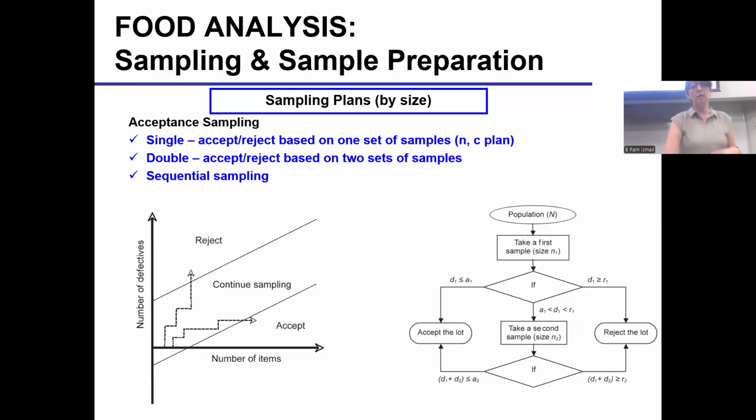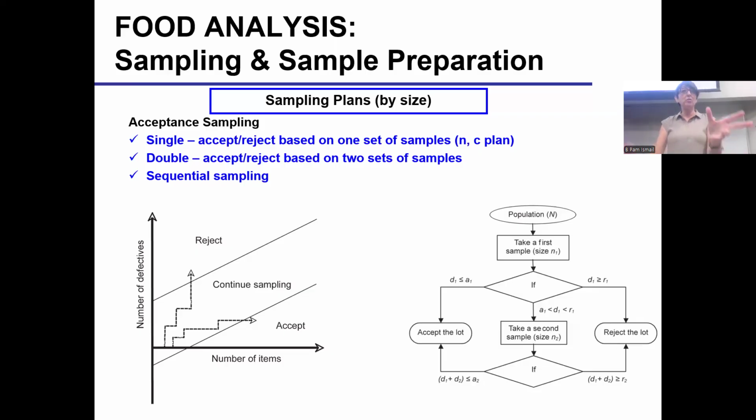Sequential sampling is a little bit more complex, but basically you sample until the number of defects is above a certain amount, so you reject, or you continue sampling, and if your defects are always lower, you will be on this side of the graph, and then you would accept. So just take it as it is. Don't think too much about it, but that's what sequential sampling is.